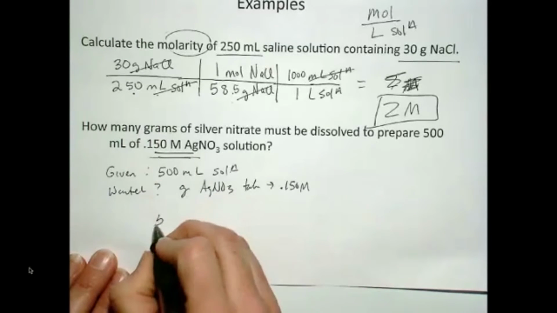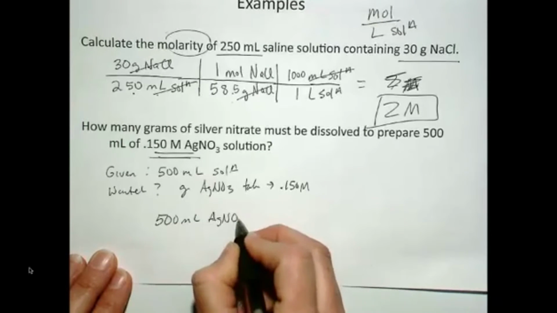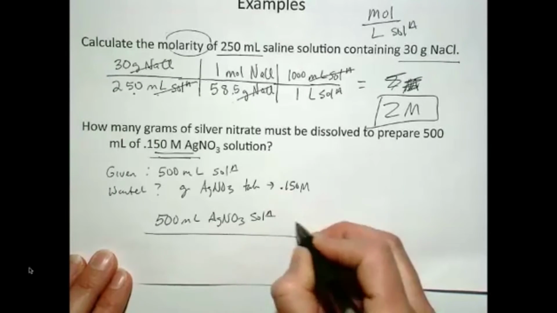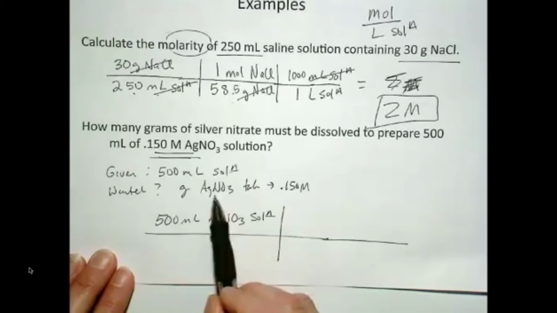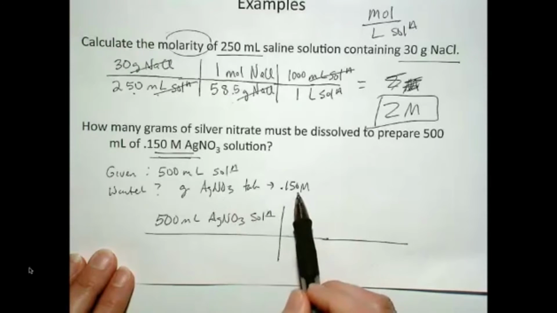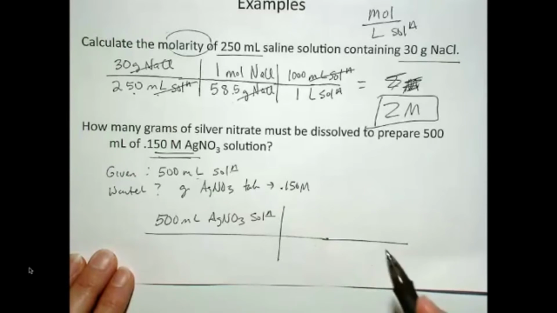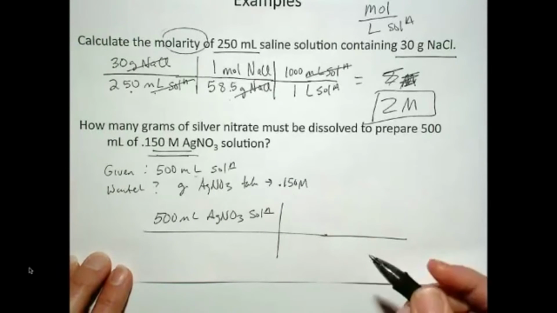So you start with what's given, 500 milliliters of the silver nitrate solution, and figure out, if I have a 0.150 molar solution, how many moles would be in that 500 milliliters, and then I can figure out how many grams I need to put in there to get that concentration.